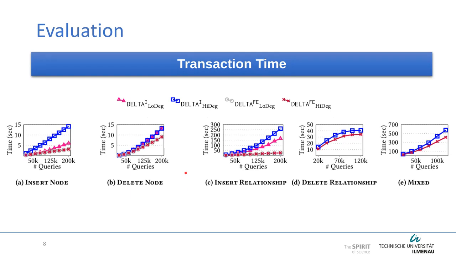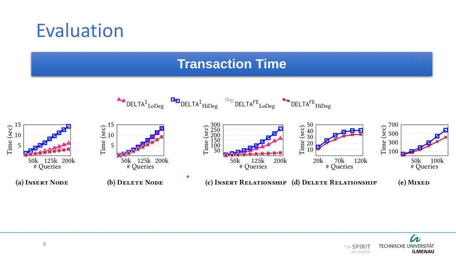And secondly, we see that the performance of the baseline drops when we are updating high degree nodes, whereas the performance of the delta FE is not affected at all by the degree of the node. So irrespective of the degree of the nodes that you are updating, the performance stays the same. So this is the comparison with regards to the transaction time.